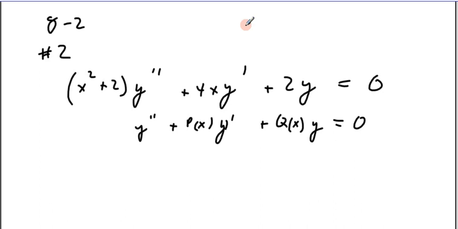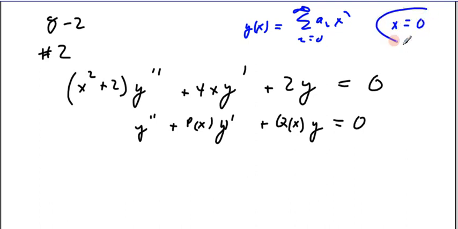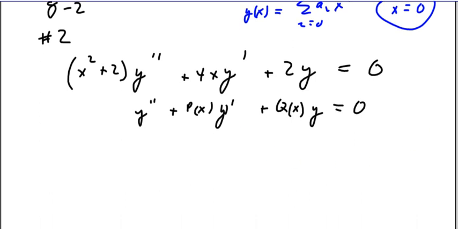If you remember, I have y(x) in the Taylor expansion, summation n = 0 to infinity, a_n x^n. I'm expanding this around x = 0. That's how my expansion is being expanded. So if x = 0 is a singular point, then I have problems. Well, I don't have problems yet, so I'll just solve this.